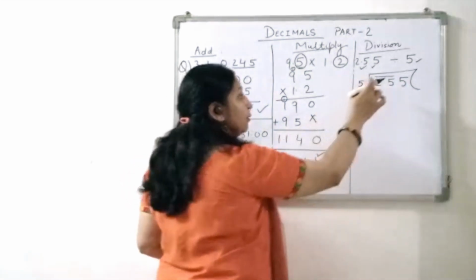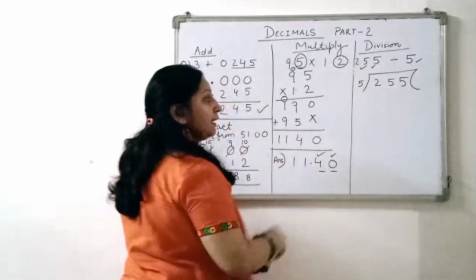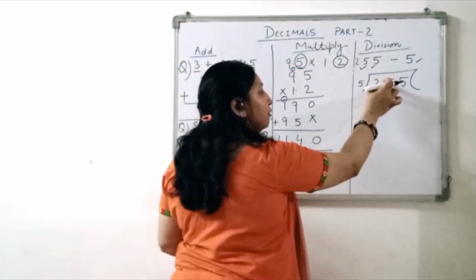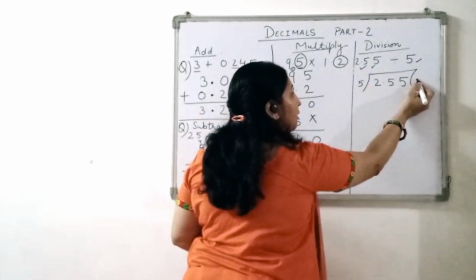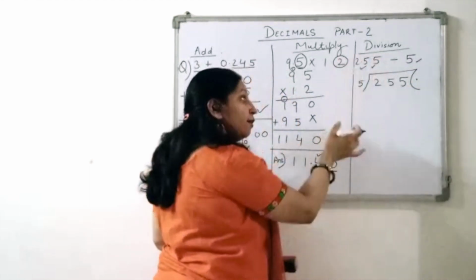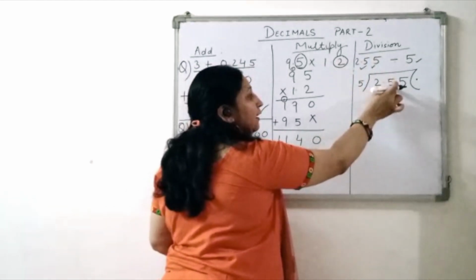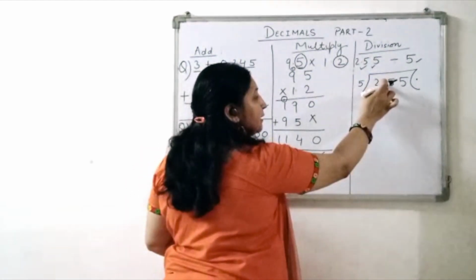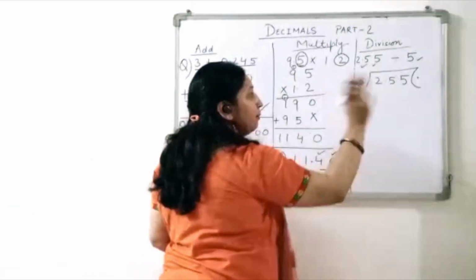So what will we do? Yes, 25. But to take 25, we will have to take this point first. It means you could not divide, so you have taken this point. Now you can take 25 because this point was actually a speed breaker to reach this number. Unless you cross this speed breaker, you will not take 5 and it will not become 25.